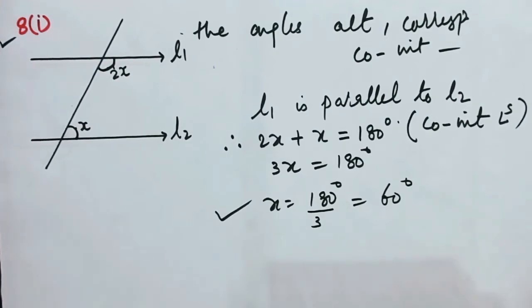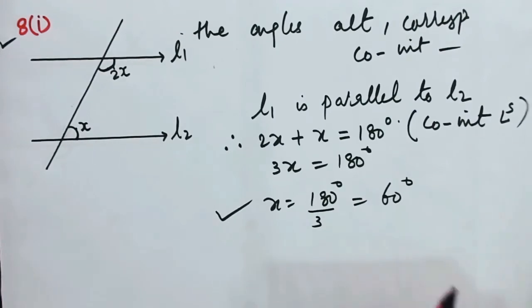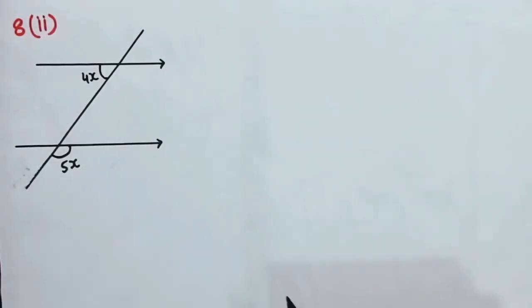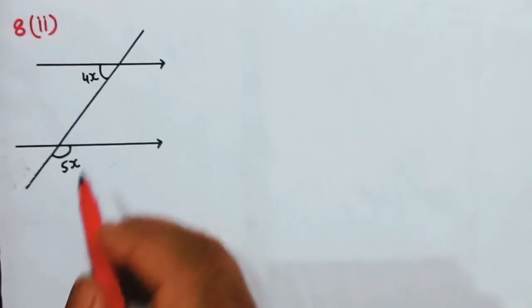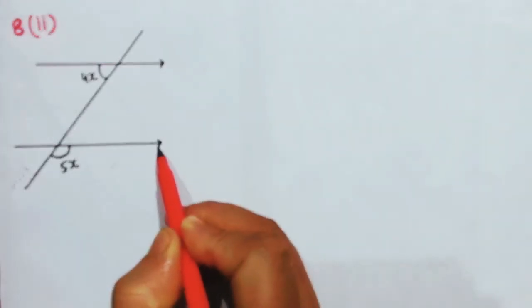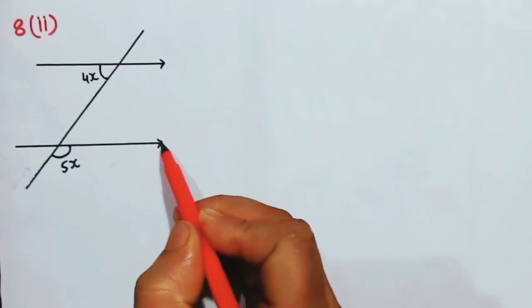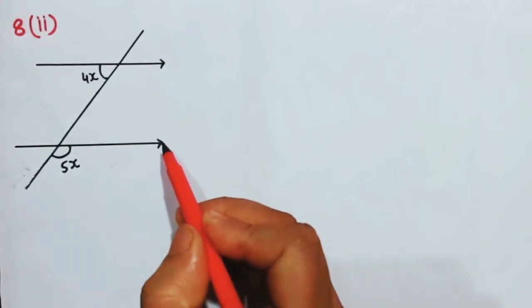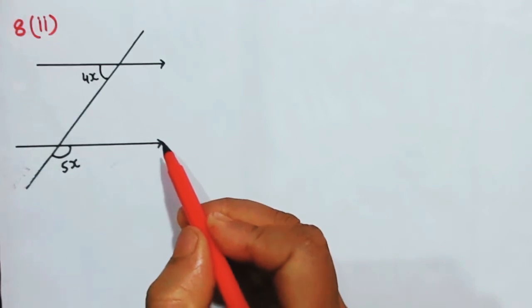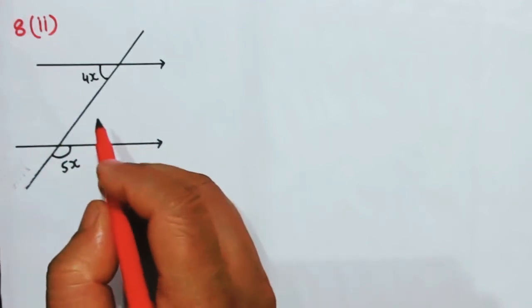So all the parts of question number 8 are of the same type, isn't it? Have a look. Now 4x, they have given you parallel lines. So again we will refer to alternate, corresponding and co-interior. Let me see how it works.